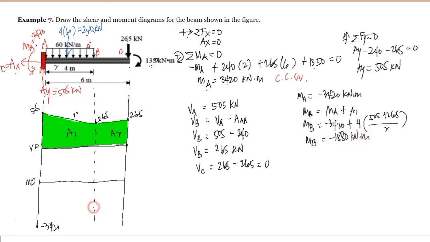Now, since the shear is degree 1, we are expecting a degree 2 curve for the moment. Applying the idea of dy/dx, the slope is decreasing, so we bend the curve. In this case, the y-axis is at the origin, in quadrant 1, so this is our curvature. And this is a degree 2 curve.